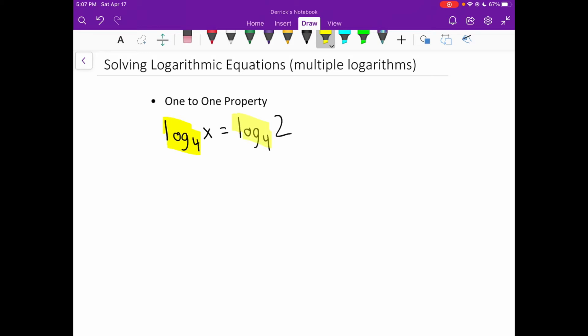Since the bases are equivalent, we can ignore them and set what they were each taking the log of equal to each other, meaning the answer is simply that x is 2. That's the idea of the one-to-one property. Sometimes we'll be able to use that, sometimes we won't. To begin with, let's take a look at an example where we are able to use it.